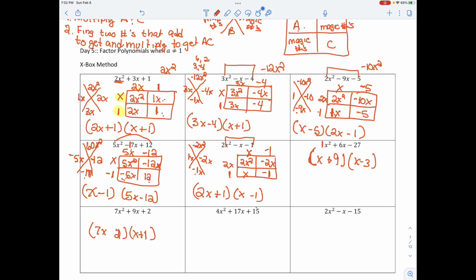This one I'm going to multiply 4 times 15 and get 60. So 60x squared would go here. 15 would go here. What can I multiply to get 15 and add to get 6 and multiply to get 60? 12 and 5.